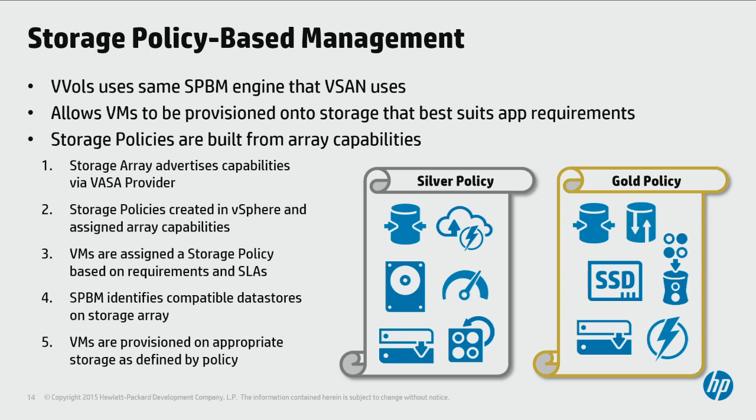Like I said, we can create different policies based on certain SLAs I need for a VM. If I want a special high-performance tier on SSD storage for one policy, another one maybe on nearline storage for less critical VMs, I can pick and choose all of those features, both hardware characteristics and array features, and put them within these policies.